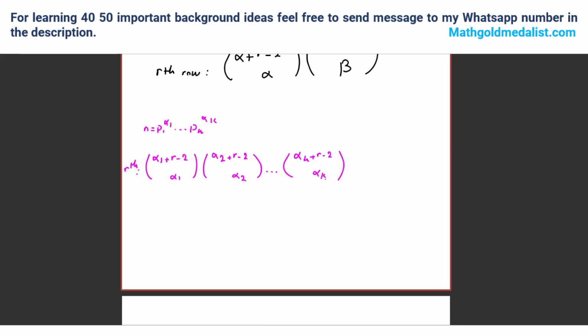Do you know how to prove this by induction? You do induction on k? You can use induction on k, but because we want this, I can say induction on k and also on alpha 1 plus alpha 2 to alpha k. Do you agree, for example, we should use this minus 1 for reaching this?